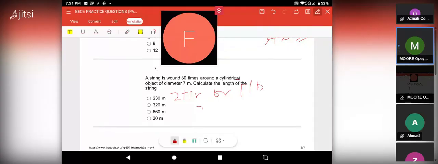So pi is 22 over 7 and diameter is 7. 7 cancels out 7. So the perimeter is 22. Now it is wound round the cylinder 30 times, so 30 multiplied by 22. 22 times 3 is 66, then 0, 660 meter.